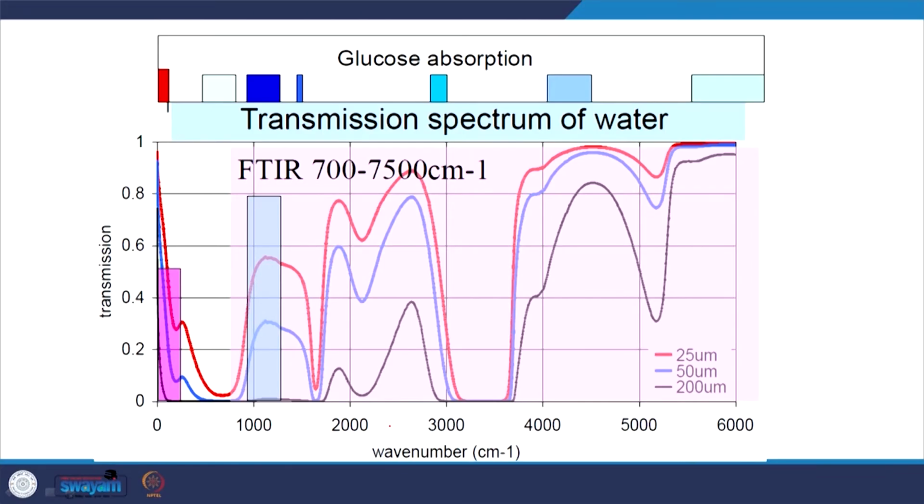So, here I have plotted the transmission spectrum of water, for different thicknesses of, say, the flow cell. You can see 25 micron, 50 micron, 200 micron flow cell, like the thickness of the water column, and you can see the red, blue and black curves here.